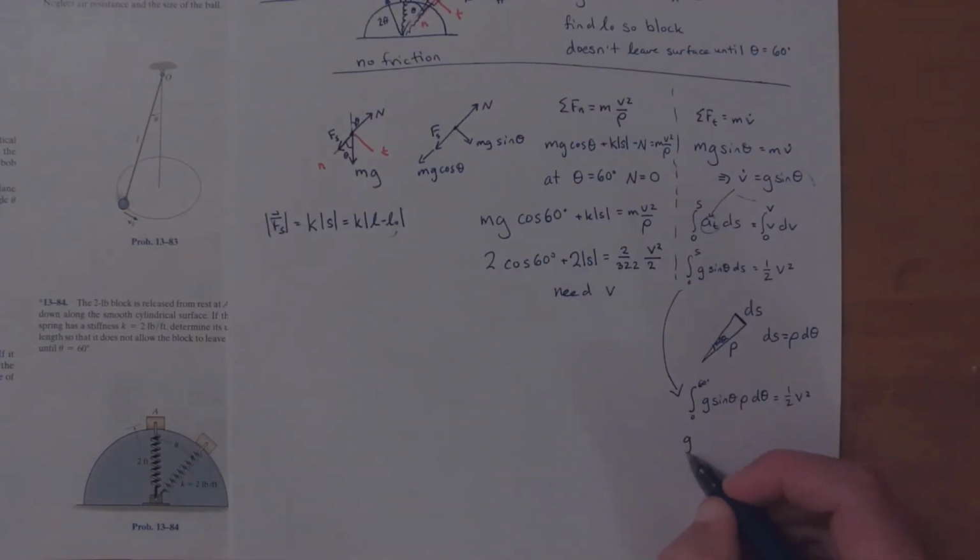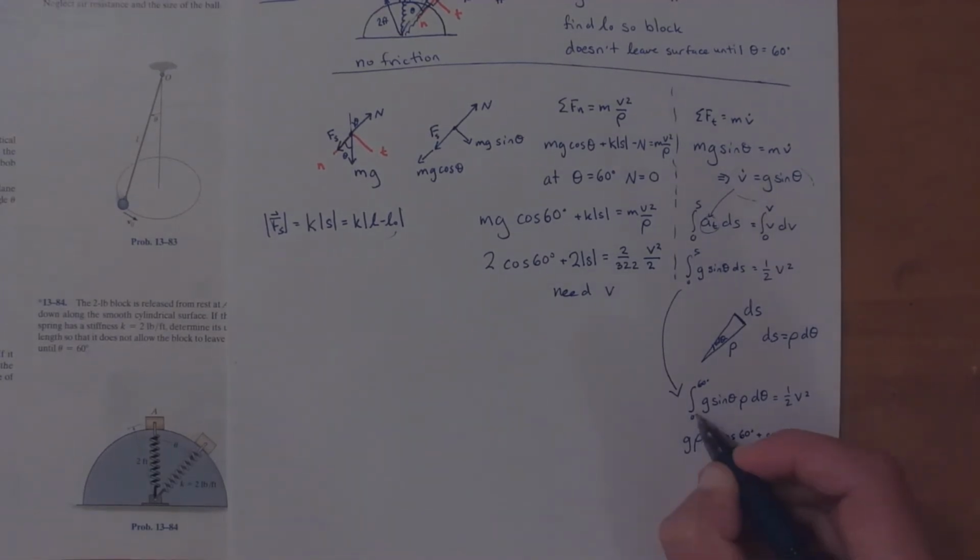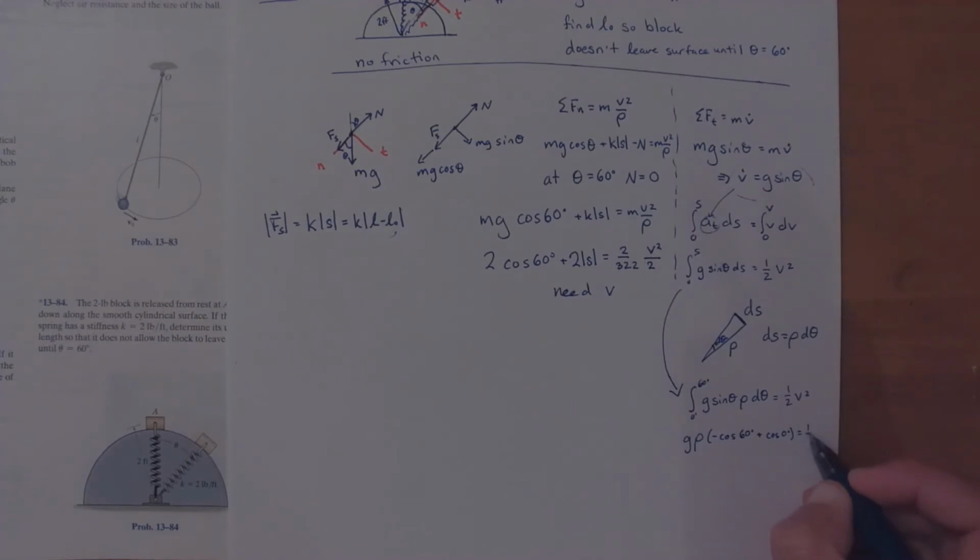Okay, so I have g rho, I integrate sine theta, and I get negative cosine theta, and I plug in my limits of integration, and I have negative cosine of 60 degrees plus cosine of 0 degrees, and that's equal to 1/2 times v squared.